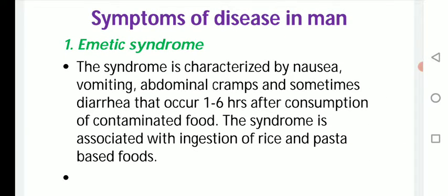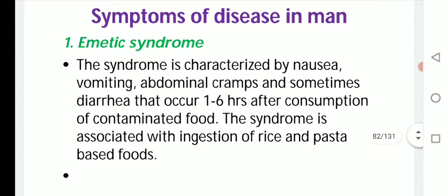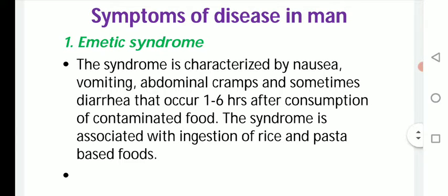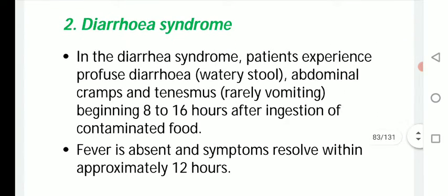As far as symptoms of disease are concerned, there is the emetic syndrome, characterized by nausea, vomiting, then abdominal cramps and sometimes diarrhea that occur 1 to 6 hours after consumption of contaminated food, and the syndrome is associated with ingestion of rice as well as pasta-based foods. Then the diarrheal syndrome. In this case, patients experience profuse watery diarrhea, abdominal cramps and tenseness, rarely vomiting, and these symptoms begin 8 to 10 hours after ingestion of contaminated food.